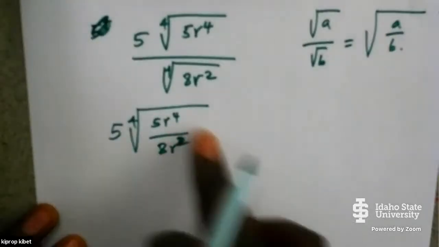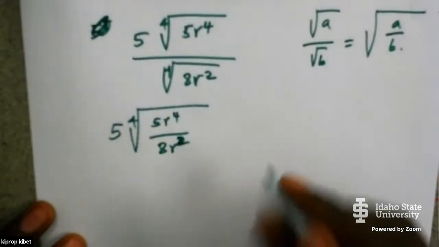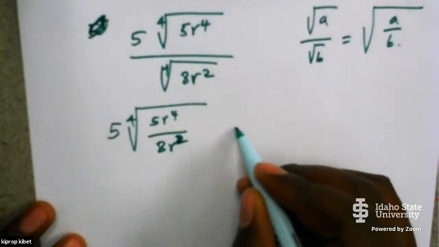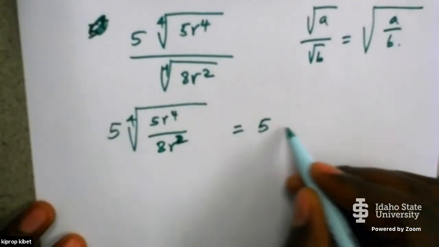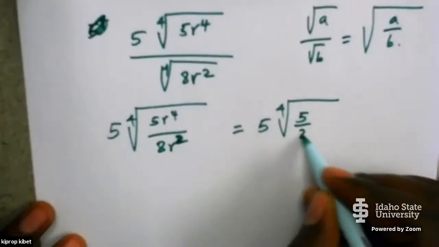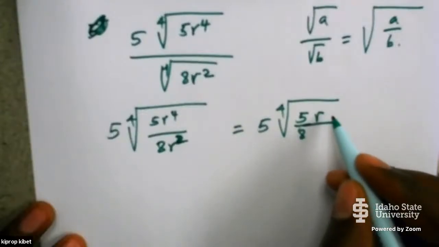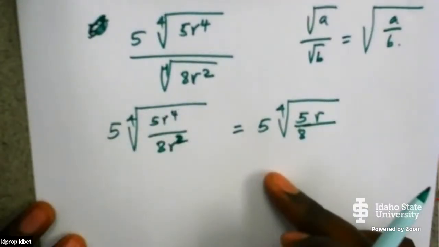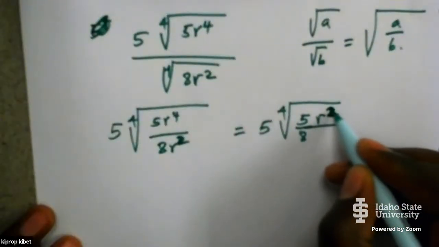Then now you can simplify this. So this is similar to 5, the 4th root of 5 all over 8, and then r. So when you bring the r, what do you get? You get 2.